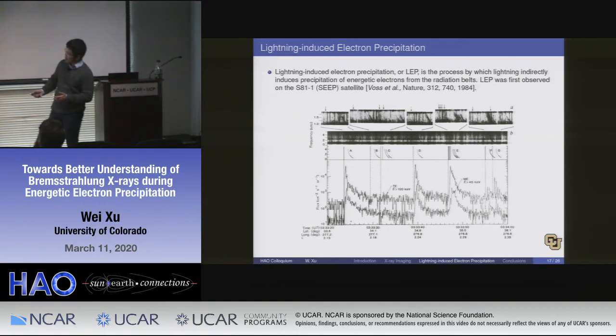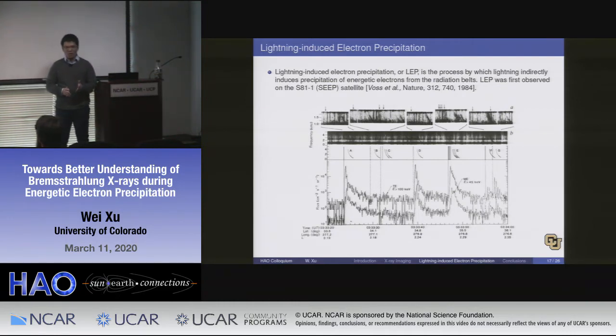It's pretty clear that this kind of sharp rise of precipitating fluxes lines up very well with these spherics, which means these precipitation events are caused by the lightning discharge.